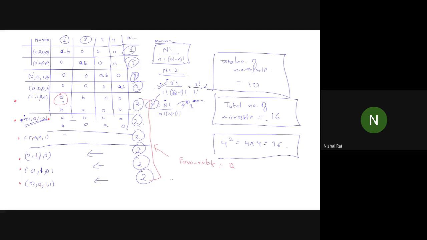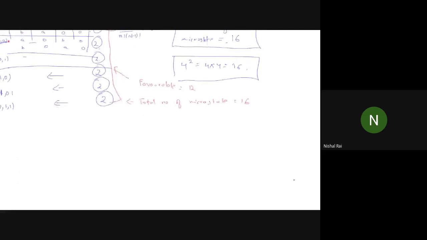And the total number of microstates is 16. So the probability of the particle being in any one of the boxes is basically 12 by 16. 4 threes are 12, 4 over 16 is basically 3/4. Clear? Is it clear?